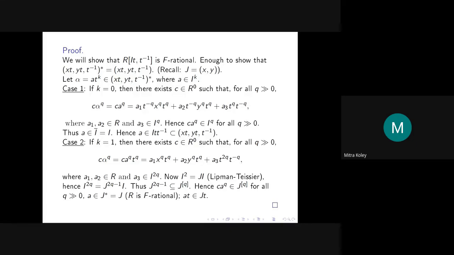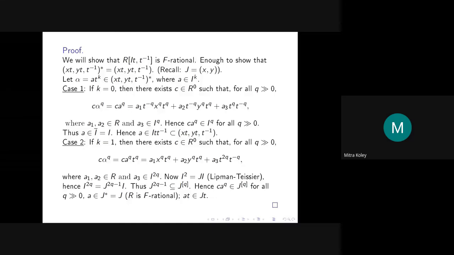Hence, A is in the ideal (xt, yt, t inverse). Now the next case is when k equals 1. Again, as in the previous case, there exists a c in R° such that for all q large enough, c alpha^q is of the form c a^q t^q, and has this expression. But here again A1, A2 are in R, but A3 has degree t^(2q), so the degree of A3 is 2q, hence A3 is in I^(2q).